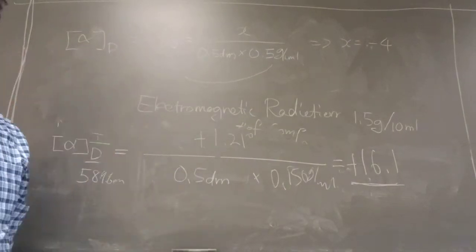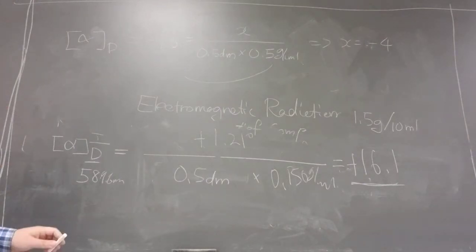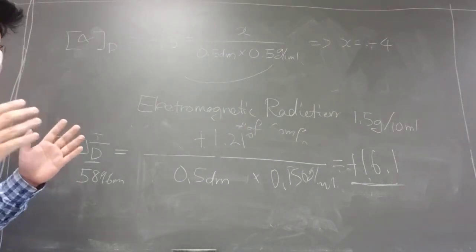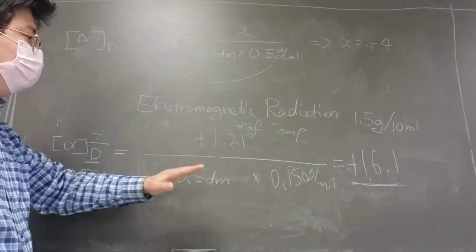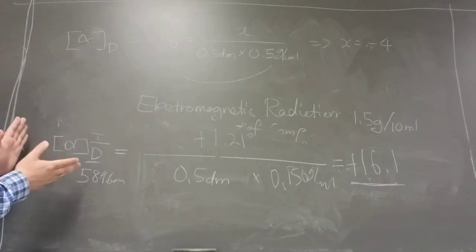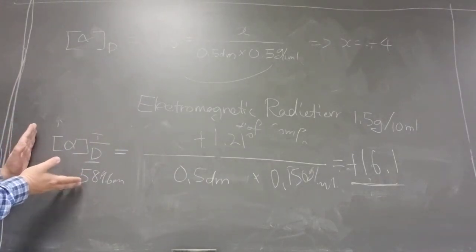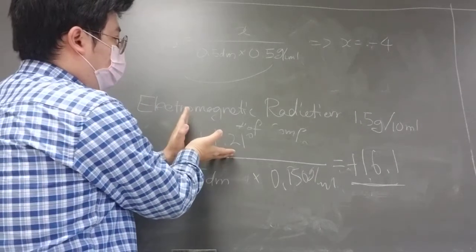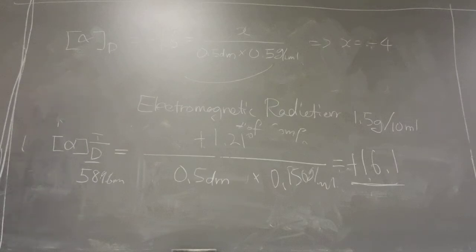That's the levorotatory compound. That is the cocaine. It makes sense, right? You just need to know which one goes where in the equation and plug all the numbers in. Either you look for the given number for your specific rotation or the observed rotation, and you solve for the other one. Yeah. So that'd be -4 degrees.